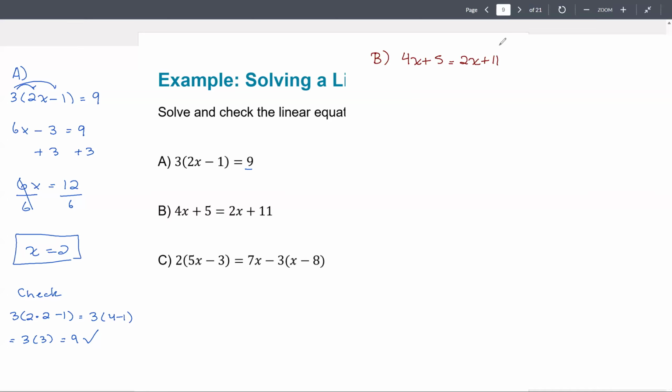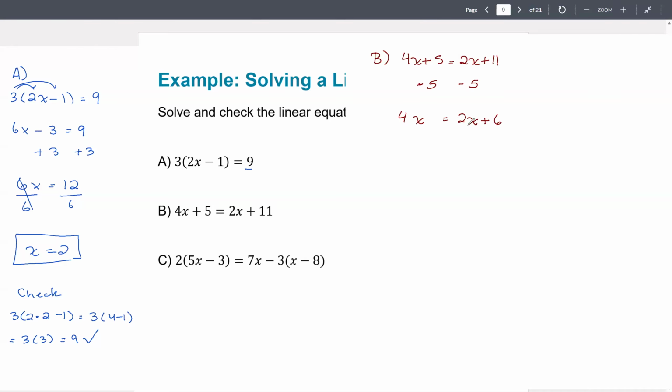I have a constant here and a constant here. So I'm going to rework it so my constants are on one side and my x terms are on the other. First thing, let's move that 5. We have this constant of positive 5, so we'll subtract it first. That's going to give me 4x is equal to 2x plus 6.